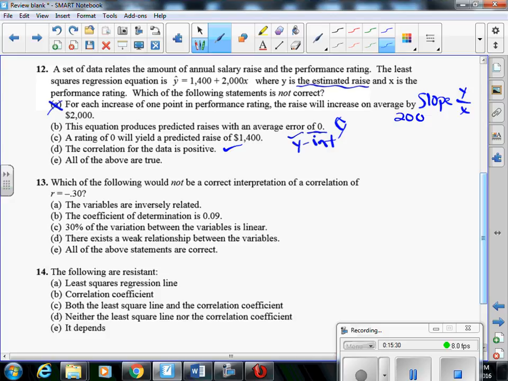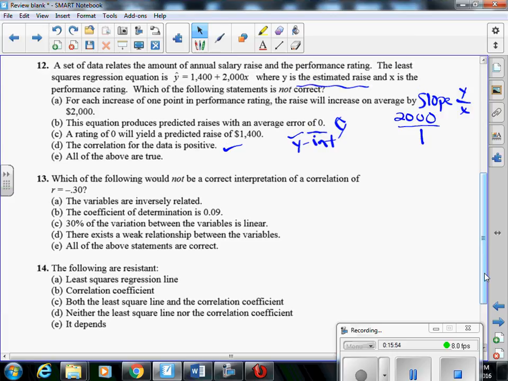When we're talking about slope, we're talking about 2,000 to 1, which would mean that my change in y, being the estimated raise, goes up $2,000 for every increase in performance point, which is correct. I did confuse myself. I apologize. So far, actually, they're all correct, which means that my final answer should be E. They're all good. Okay, sorry if I confused any of you guys.